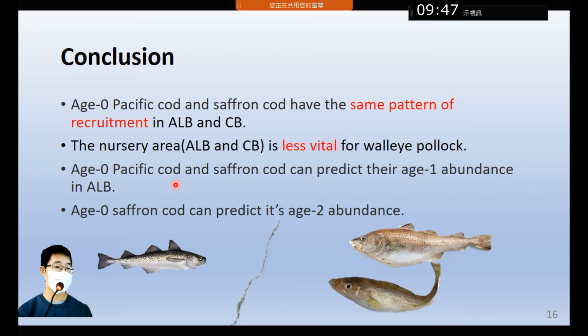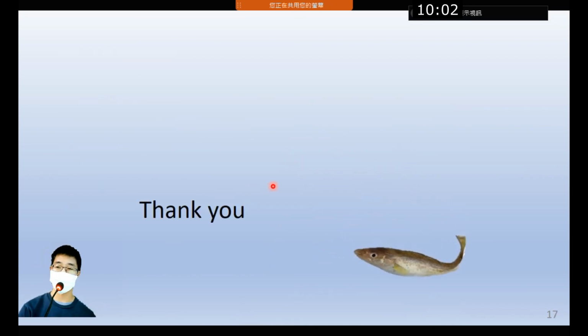And the H0 Pacific cod and saffron cod can predict their H1 abundance in ALB. And the H0 saffron cod can predict its H2 abundance. Here's my presentation. Thank you.